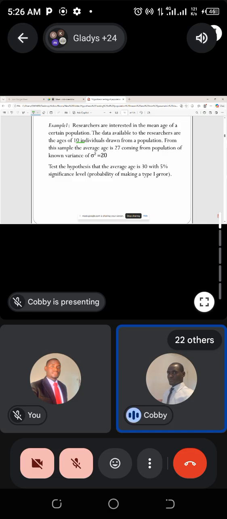So this question is similar to the example we gave yesterday. Yesterday we said the hypothesized value was 40, but here we are given 30. So it's more like from all of us here we say the population mean, or our average age, is 40.